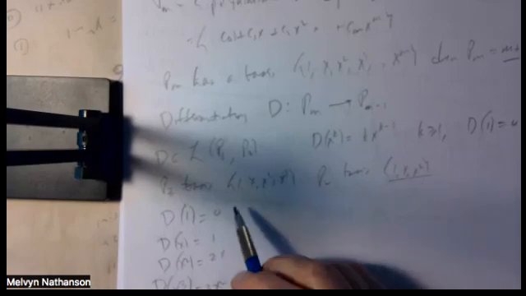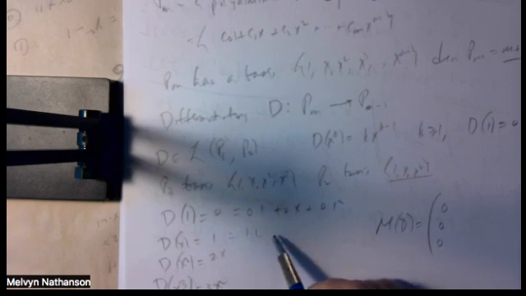And the derivative of 1 is 0. The derivative of x is 1. The derivative of x squared is 2x. The derivative of x cubed is 3x squared. So these are the basis vectors for P3: 1, x, x squared, x cubed. I want to write each of these as a linear combination of the basis for the quadratic polynomials.